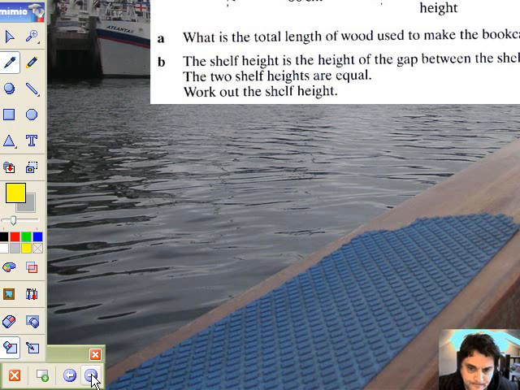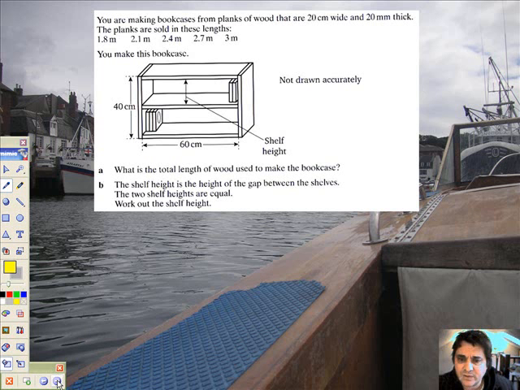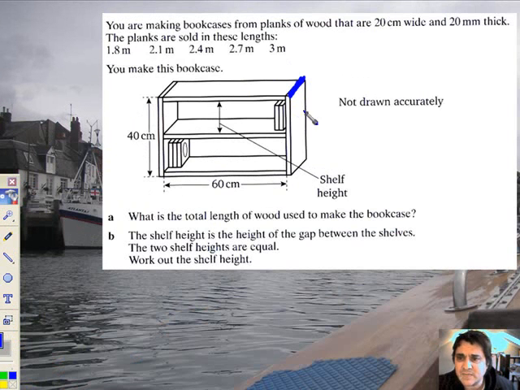Alright, next question, that was a cut and paste job. This is the exam style question. I really liked it. Have a read of it. You're making bookcases from planks of wood that are 20 centimeters wide. In other words, if you look at my little pen here, I can try and draw it in. So across there, in that direction, that's 20 centimeters wide, but it's 20 millimeters thick.